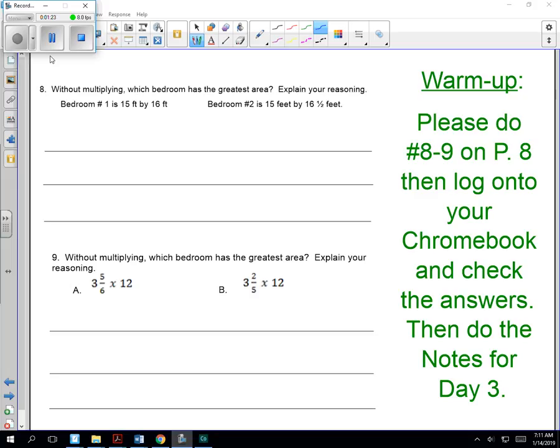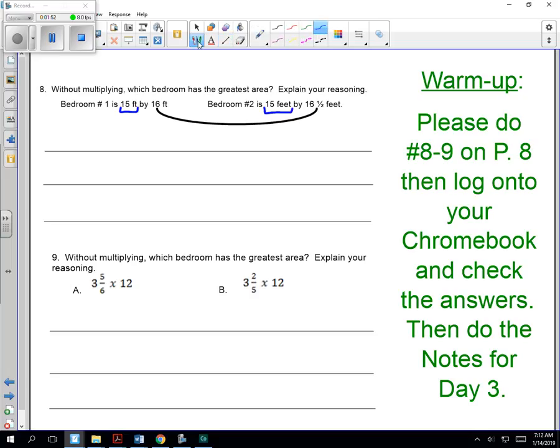All right, let's look at number 8. Without multiplying, which bedroom has the greatest area? Explain your reasoning. If you look at the dimensions for bedroom 1 and bedroom 2, which factor is the same for both? Correct, 15 feet. Therefore, if we're going to compare the products, we have to compare the factor that changes for both, and that would be 16 feet changes to 16 and a half feet.